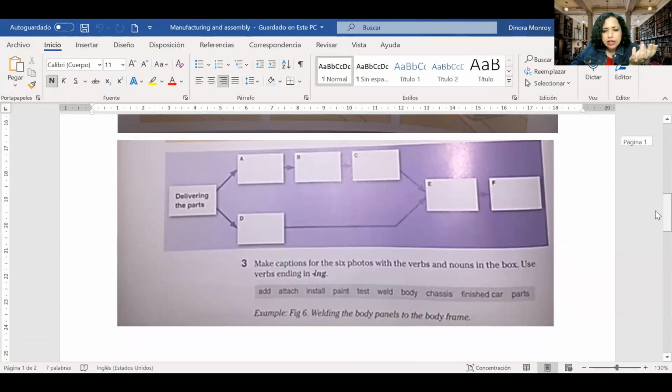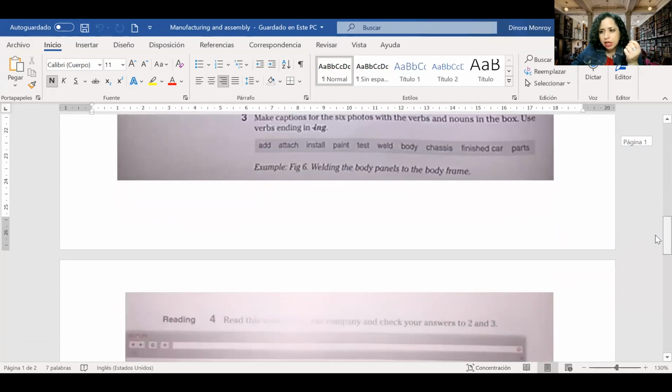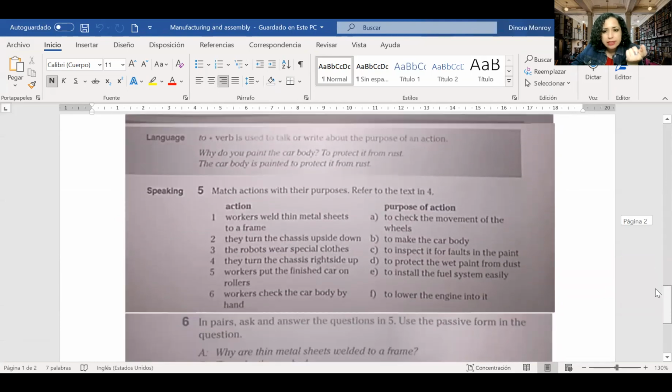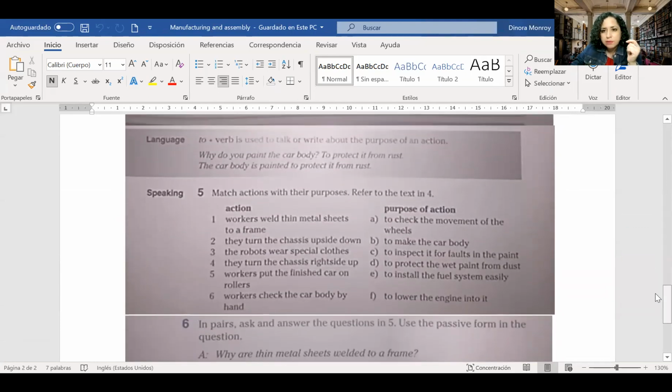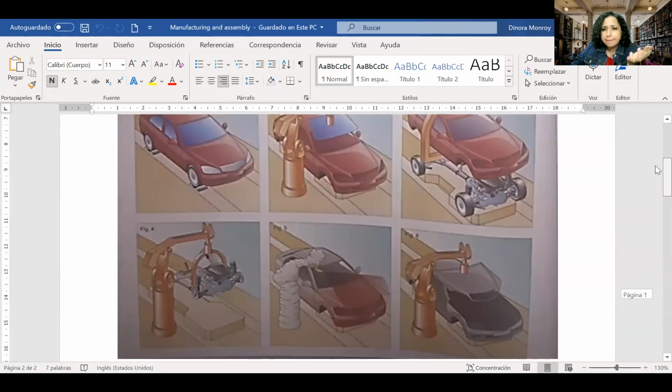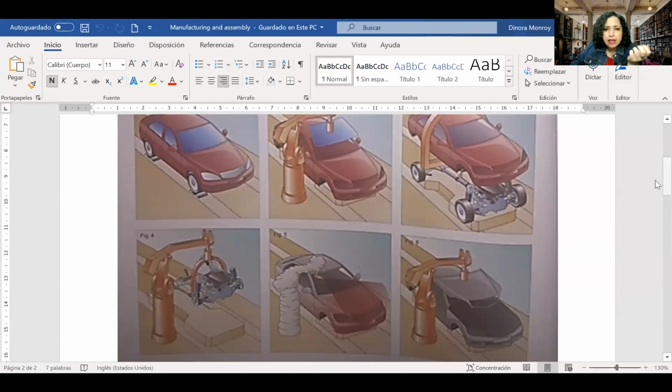You have words like add, attach, install, paint, test, weld, body, chassis, finished guard, part. And then for this other part, you're going to be reading, and then you're going to relate the columns. And that's it. Very short, and that's why I decided to add that homework.